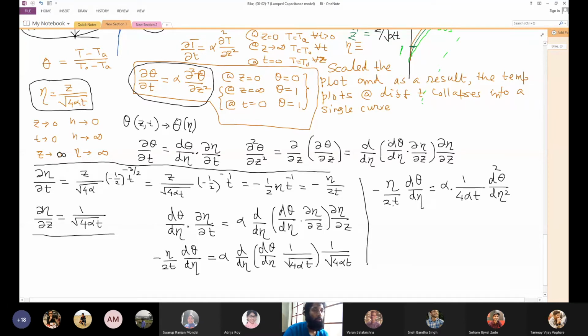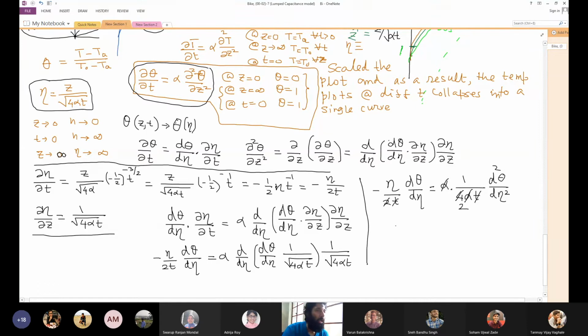So this t cancels, this alpha cancels, and this 2 gives 2 here. So we get this second order ordinary differential equation with variable coefficient.